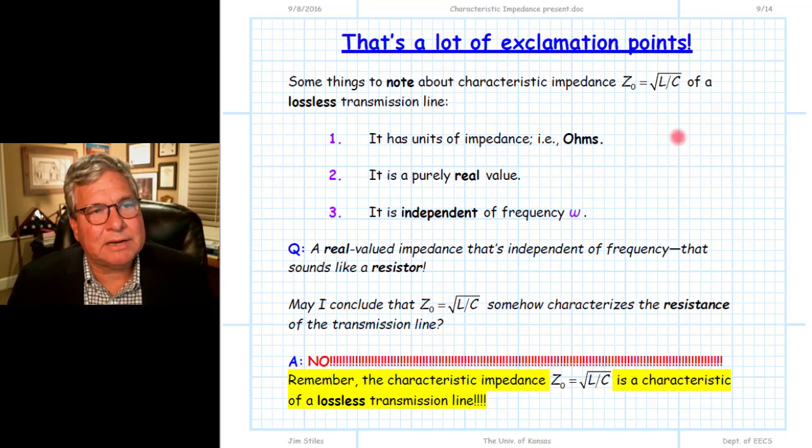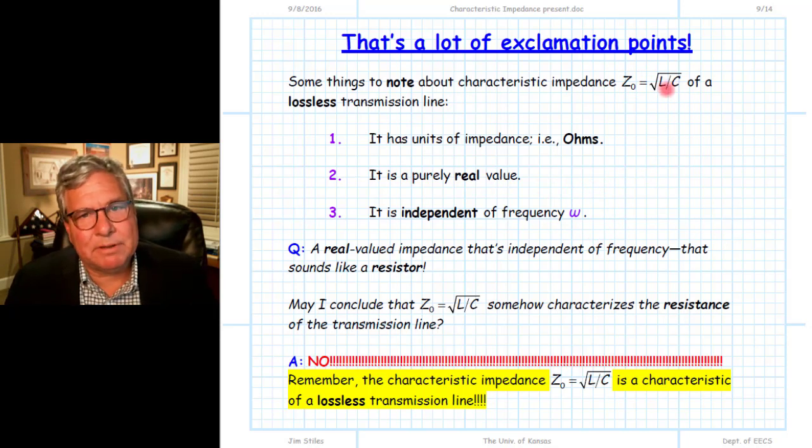And of course, that simplifies our mathematics. One of the things it does is make the characteristic impedance purely real. In a real transmission line, if we had a little bit of loss, we would find there'd be a tiny imaginary part. It's so small that essentially we neglect it and refer to this as a real value. Finally, we find for the lossless transmission line again that the characteristic impedance is independent of frequency omega.